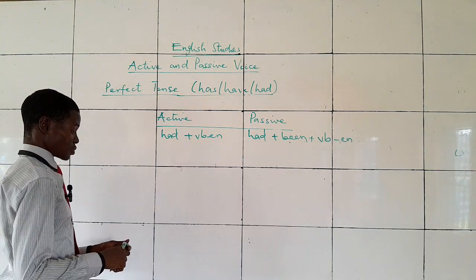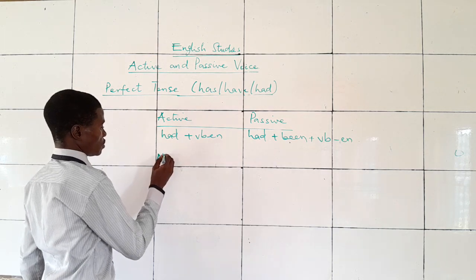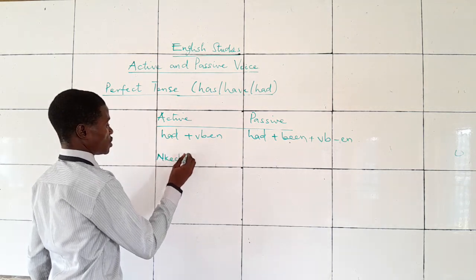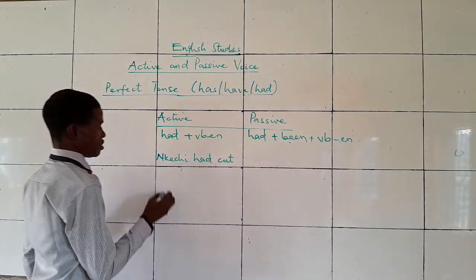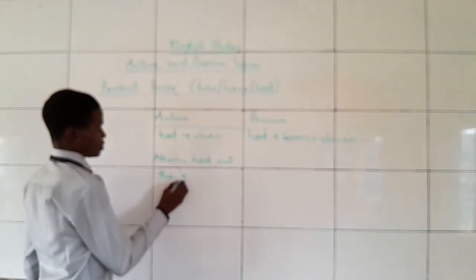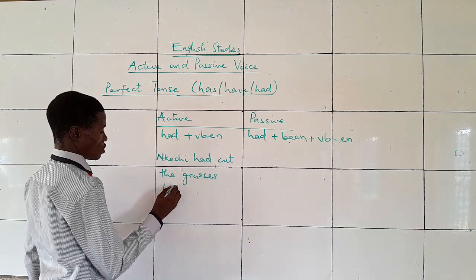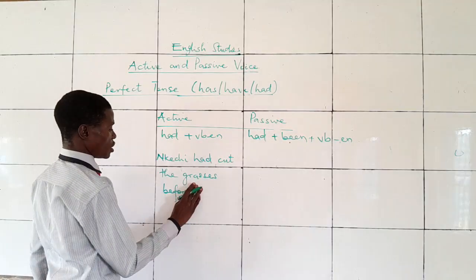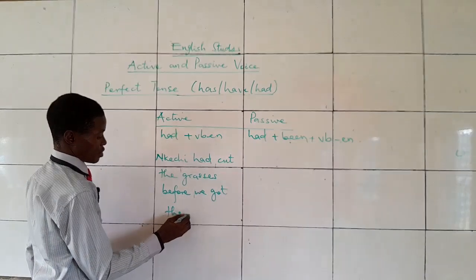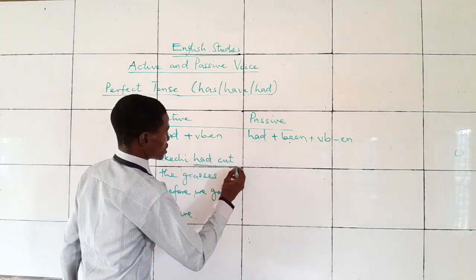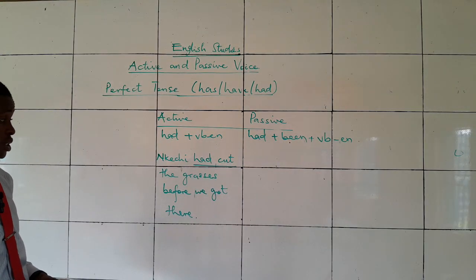Like: Nkechi had cut the grasses before we got there. We now have had cut.